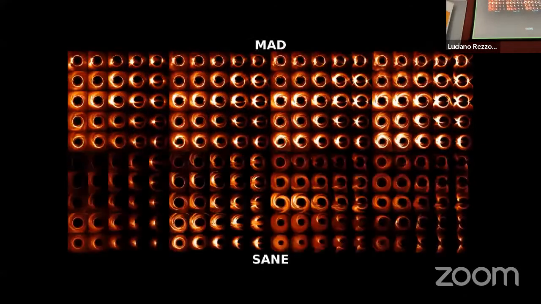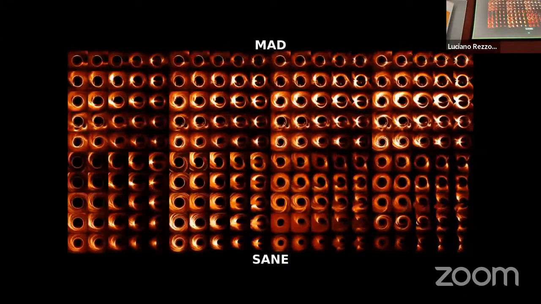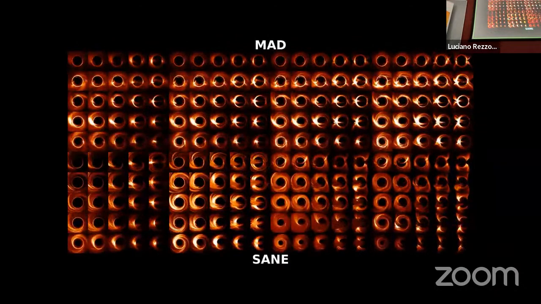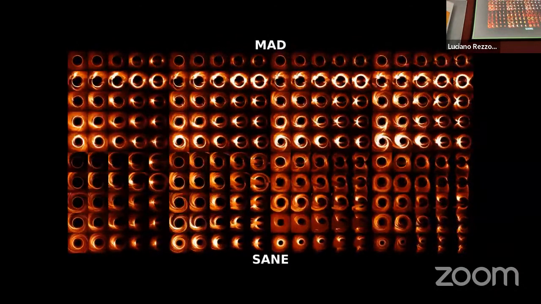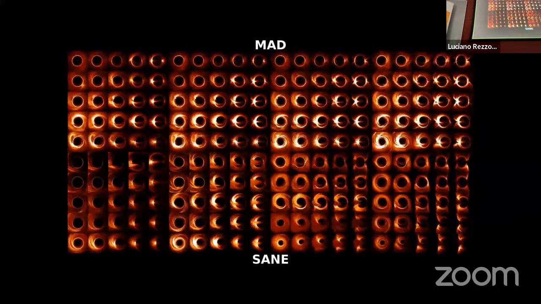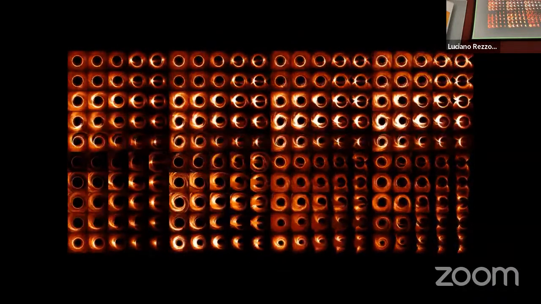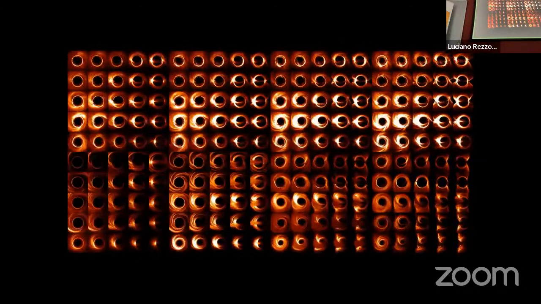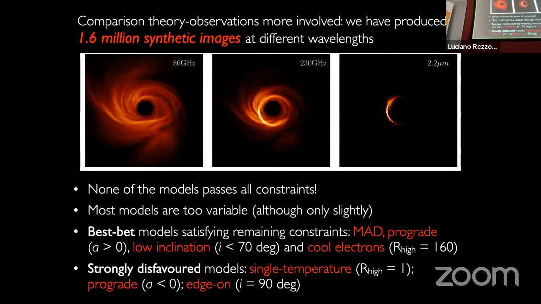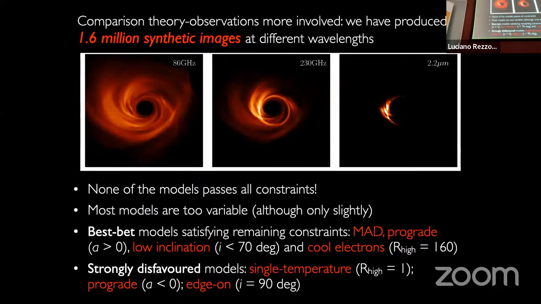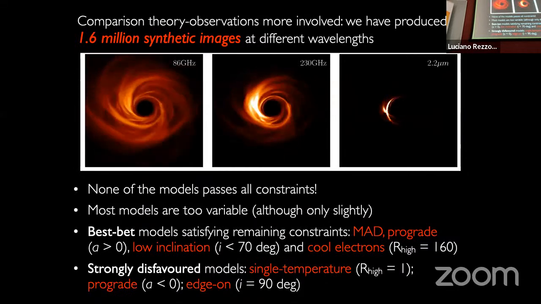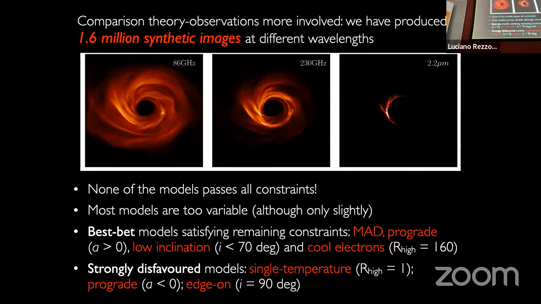This is R-high 1, R-high 160. You can then play with the magnetic field, and you have MAD or SANE simulations. And from all of this, you then have to add 2 angles of rotation, and so on. And out of this, you build essentially 1.6 million images, as compared with the other one. For M87, it's a factor almost 30.